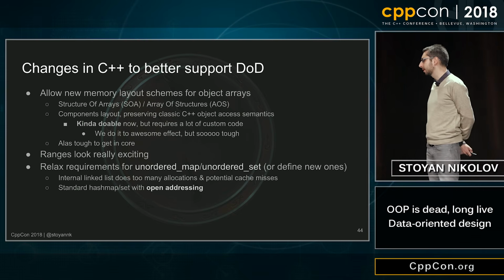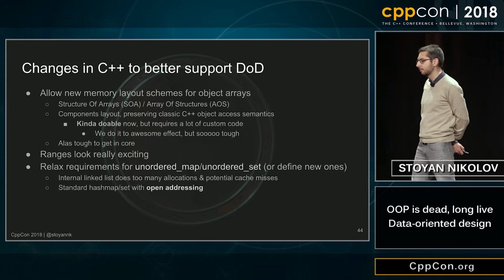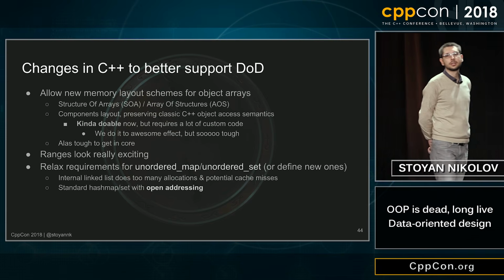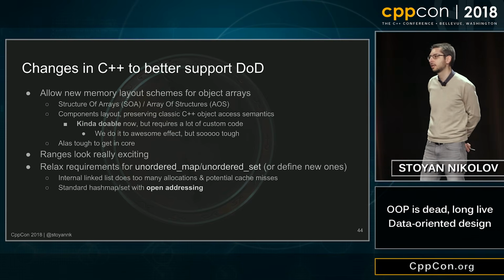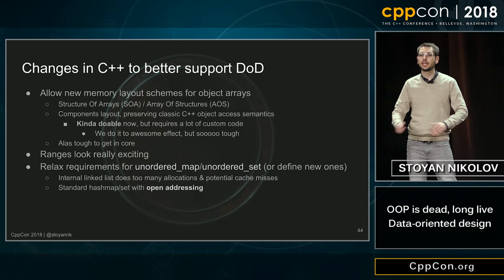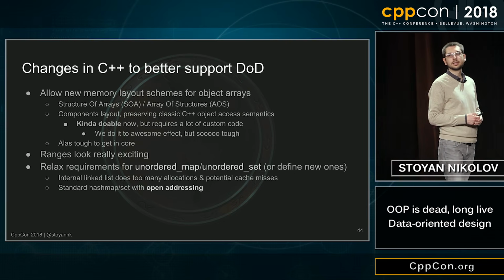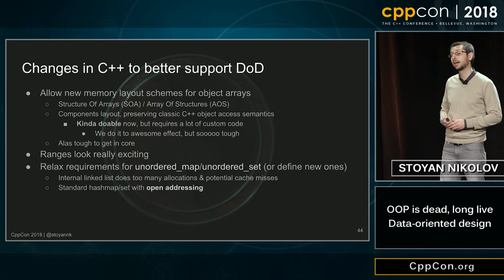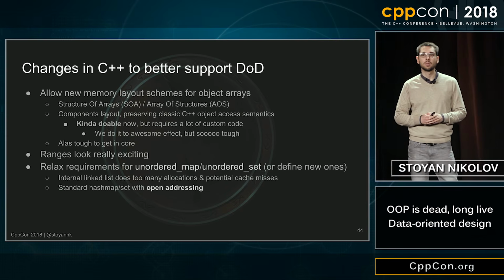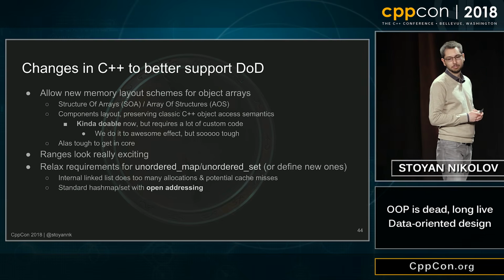I didn't show that, but in games, very often, data-oriented design goes hand in hand with entity component systems. And even if you don't need the whole flexibility of an entity component system, it would be great if it was possible for us, without paying a big cost, to reorder and to split our classes into components.